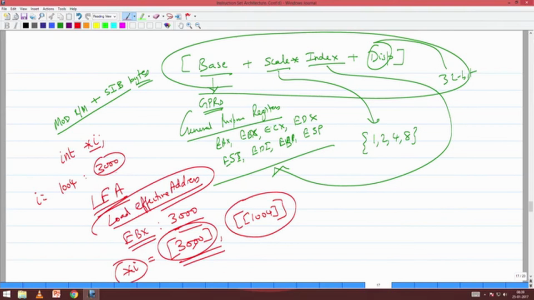So, LEA is one instruction which can be used, but nevertheless, let us just use where we are using one register for addressing memory.